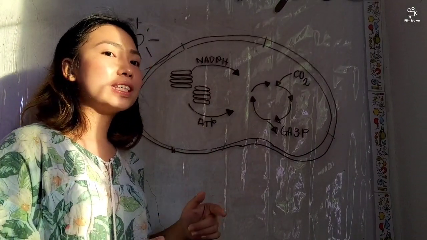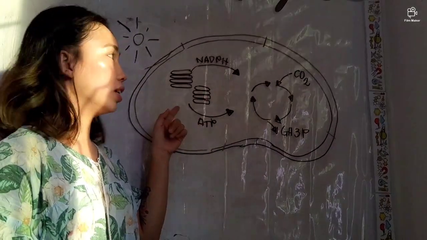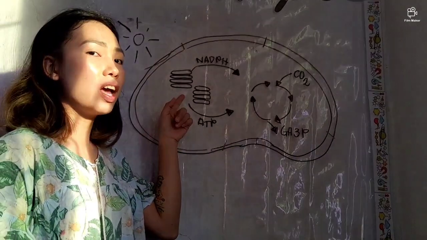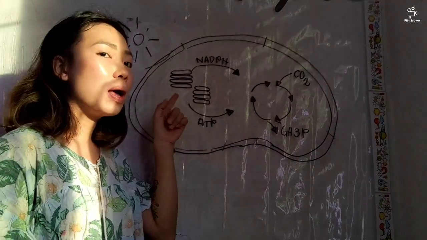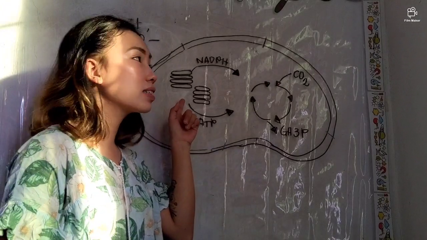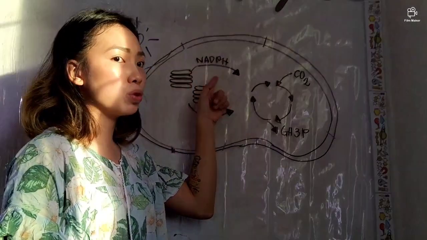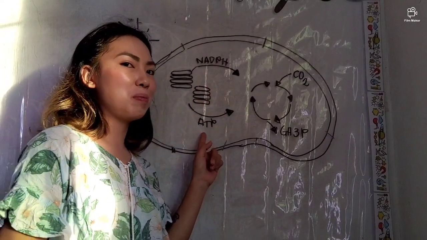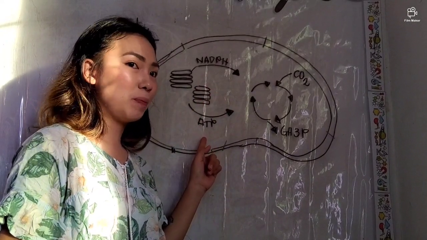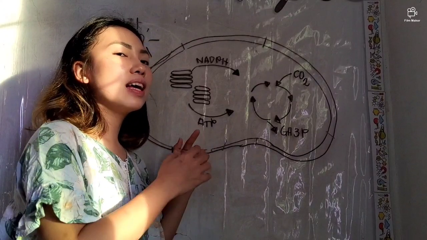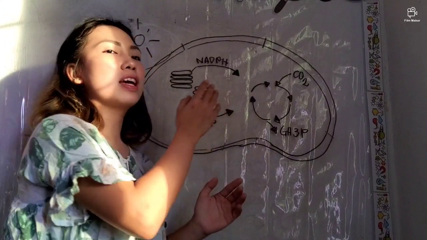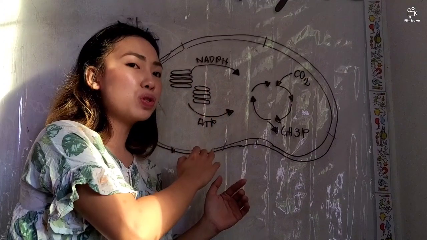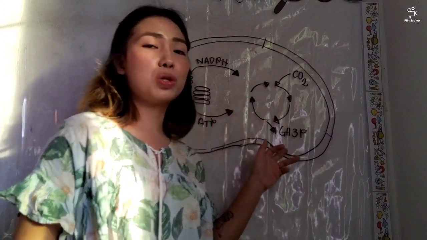Stage 1 happens in the thylakoid, itong patong-patong na disc, and at the end makes NADPH, which is the electron carrier, and ATP, which is the main source of energy. So, yung resulta ng stage 1 natin na NADPH and ATP is used in stage number 2.